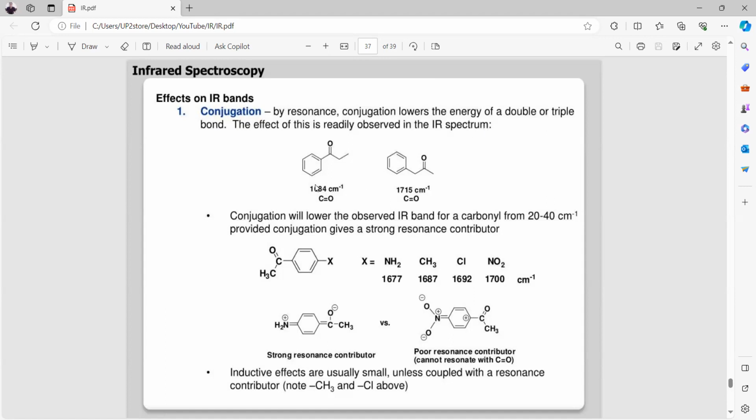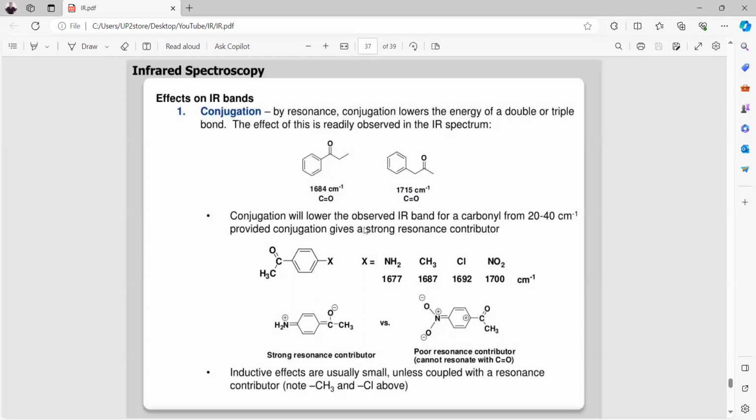In this example, the carbonyl group is attached directly to the aromatic ring, so there are resonance structures, and the carbonyl group absorbs at a lower wave number, 1684, while the carbonyl group far from the benzene ring has no resonance, so it absorbs in the normal range around 1750.